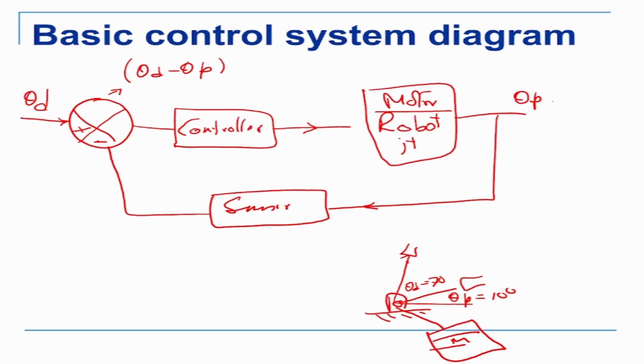Then it will do theta d minus theta p equal to 60, and then actuate the motor. The motor will rotate until it comes here. As it is moving, the sensor feedback is coming, so theta d minus theta p is going towards 0. The moment it reaches 0 means it has reached, so it will immediately stop. That's how it knows where it has reached.